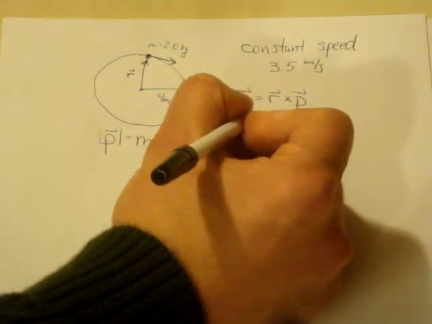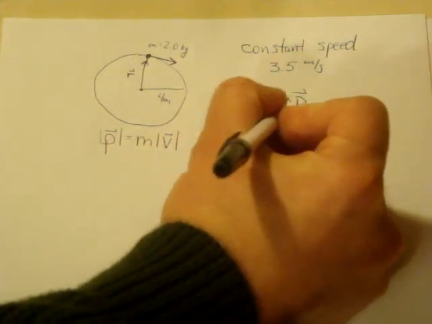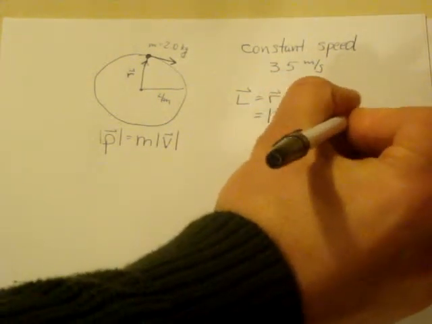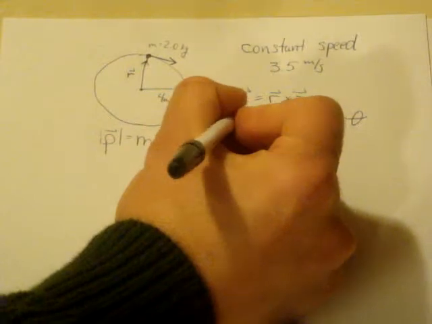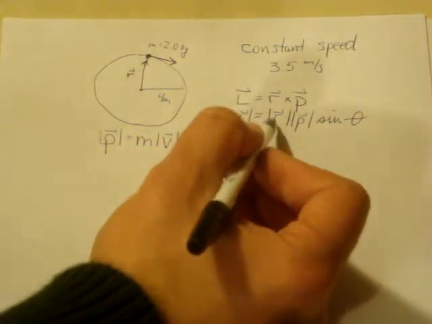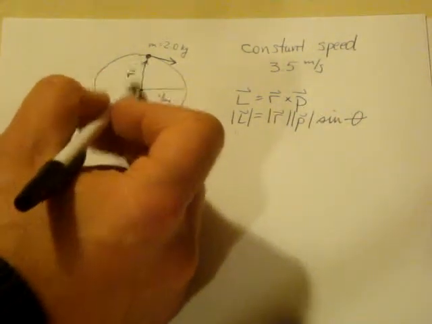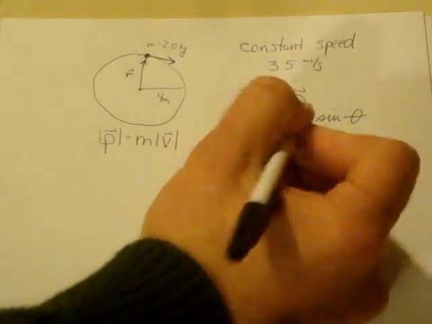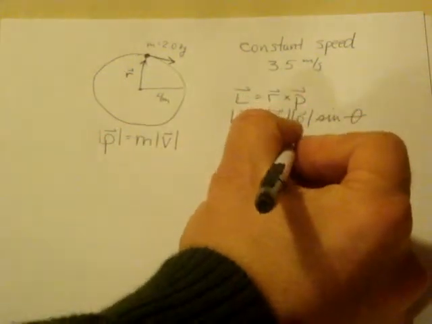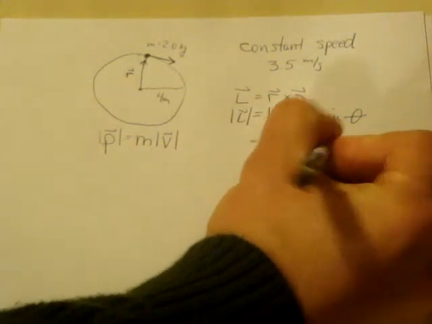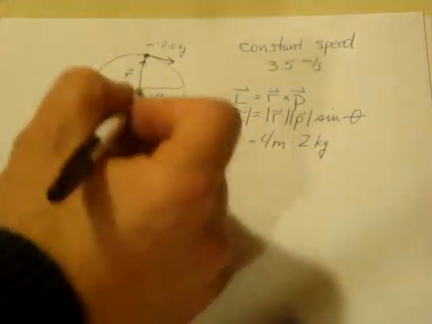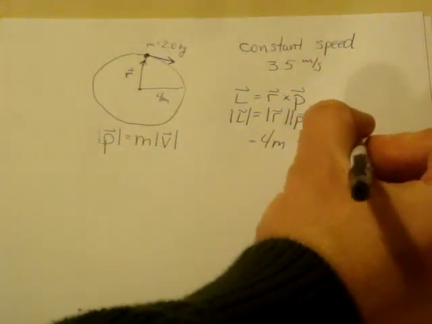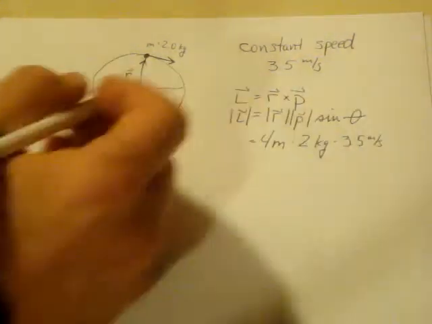We know that this is equal to the magnitude of r times the magnitude of p times the sine of the angle between them. That tells us the magnitude of the angular momentum. The magnitude of r is 4 meters. The magnitude of the momentum is its mass, 2 kilograms, times the magnitude of its velocity, 3.5 meters per second, times the sine of the angle between them.